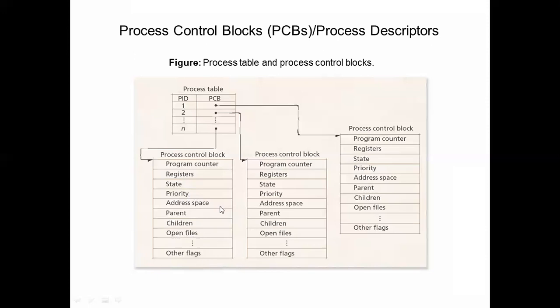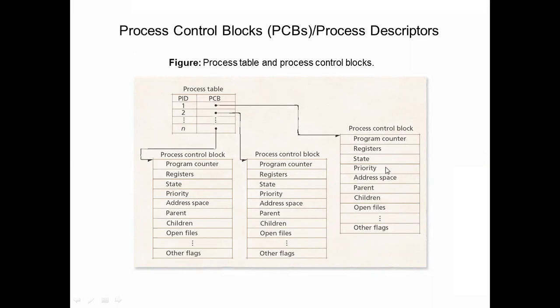These pointers have connectivity with the program counter, registers, state, priority, address space, parent, children, open files, other flags. The third one is the same, so each process has connectivity with its PCB, process control block.